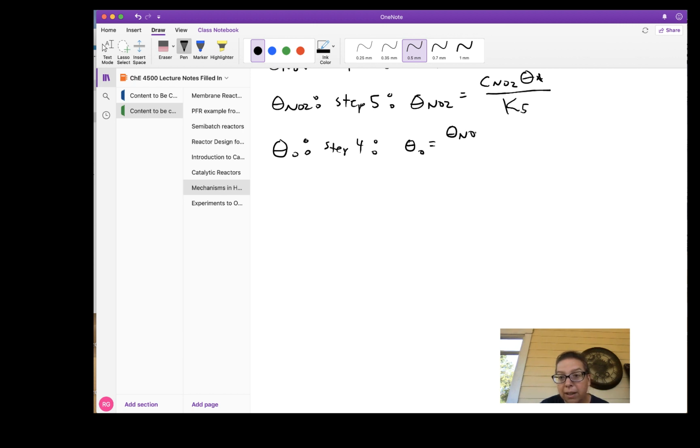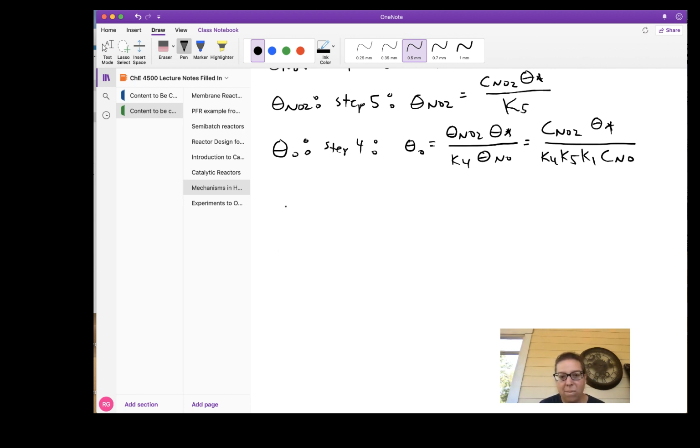In doing that, we're going to get theta O equals theta NO2 theta star divided by K4 theta NO. And we want to get rid of all of these thetas, so let's substitute in our expressions for theta NO2 and theta NO. In that case, we would get C NO2 theta star divided by K4, K5, K1, C NO.